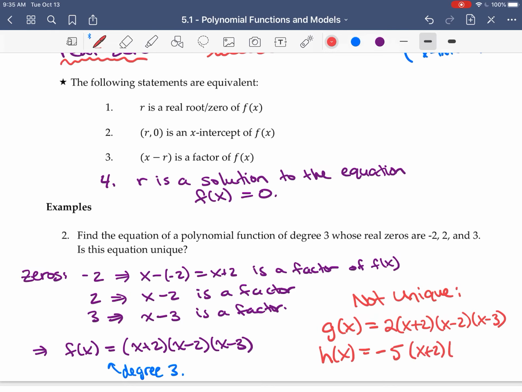But I still need all of these factors in order to have it be 0 when the y value is 0. I can't add to it because then the factors don't work, but I can multiply by a number. So we could multiply by a number and get another polynomial that has the same properties.